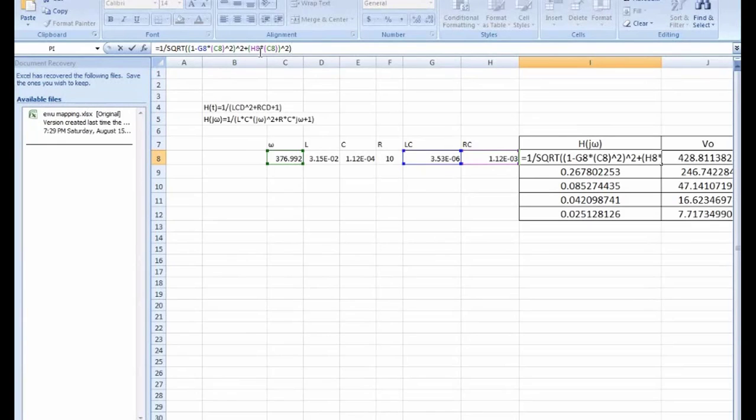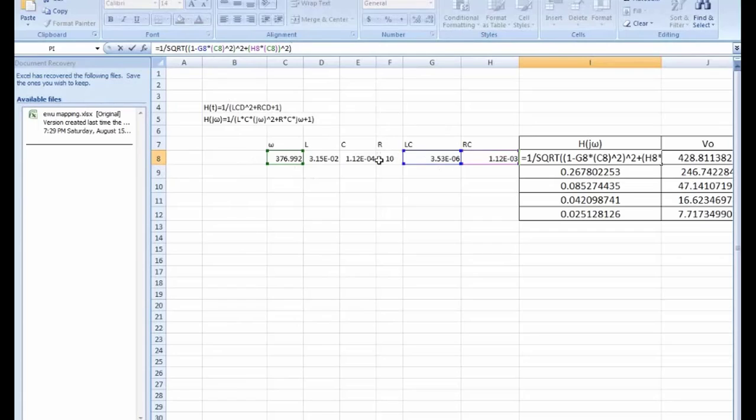So omega means here, and RC means H8. H8 means H column, 8 number row. Understand? Yes, sir. G8 means G column, 8 number row. That's the thing.